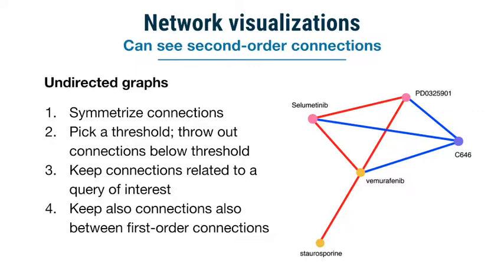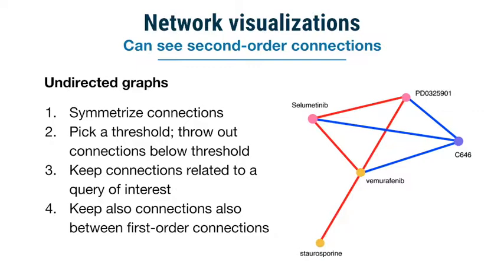But the other thing that we show is, among those first order connections, any connections among those that also met the threshold. So you see that Vemurafenib connects to these two compounds, and those two compounds also connect to each other. That gives us more confidence that it makes sense, right? It connects to something, and those things connect to each other.